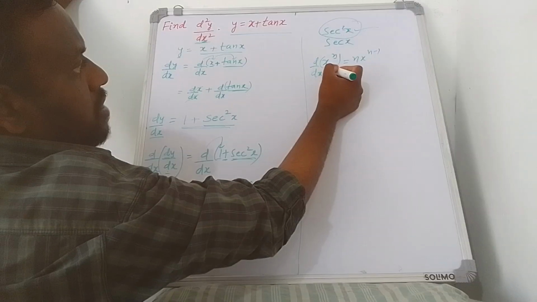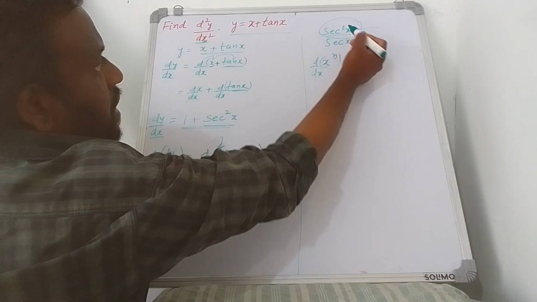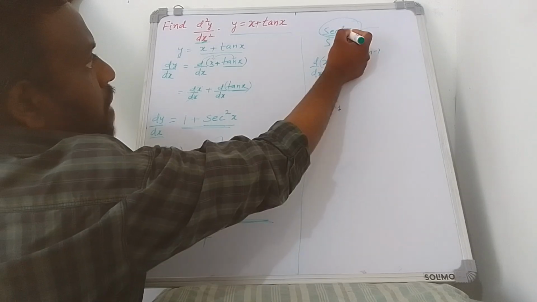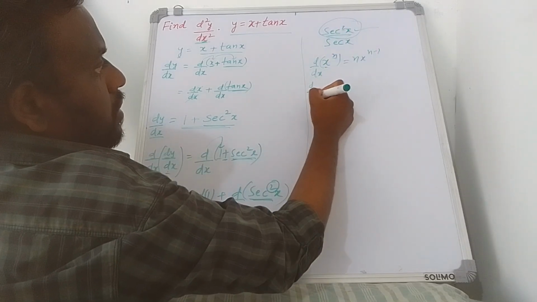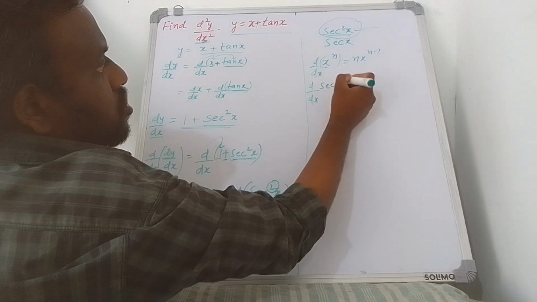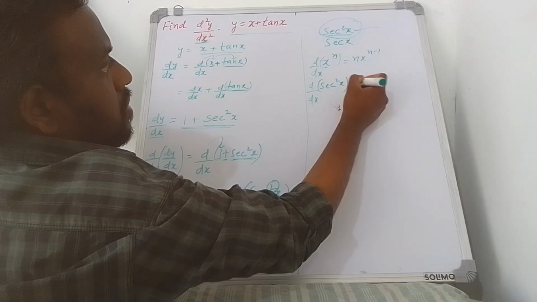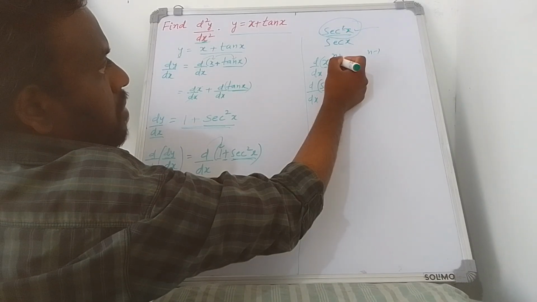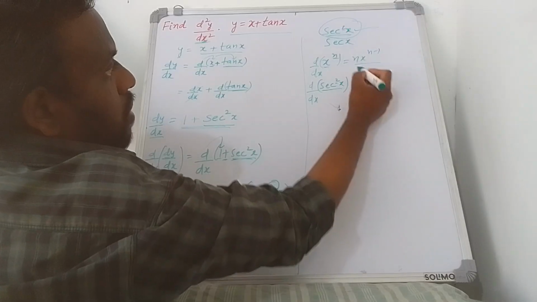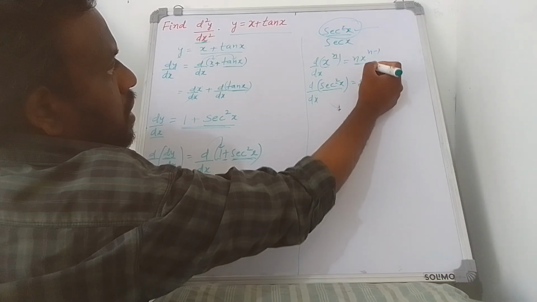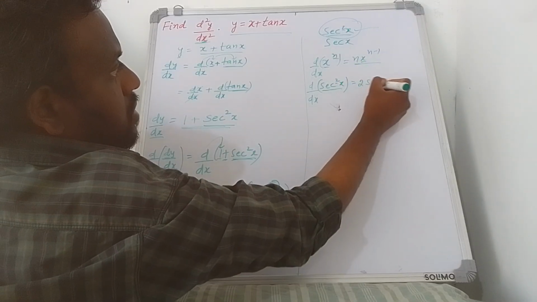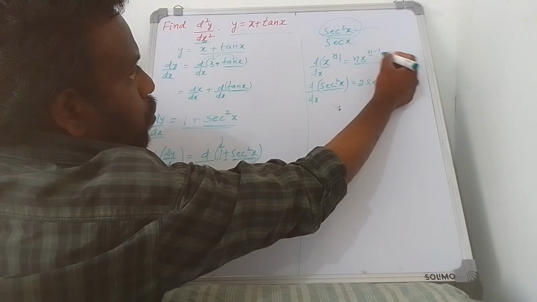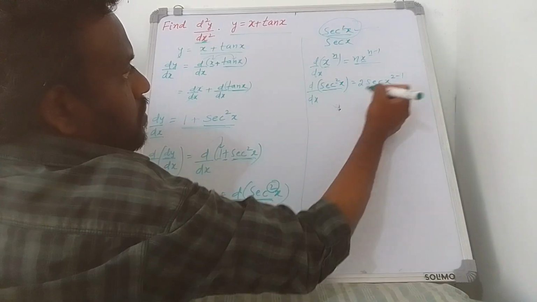Just assume in place of x we have secant x. In place of n we have 2. So I will write it here, d by dx of secant square x. Use this formula: in place of n 2, in place of x secant x, and in the exponent 2 minus 1.